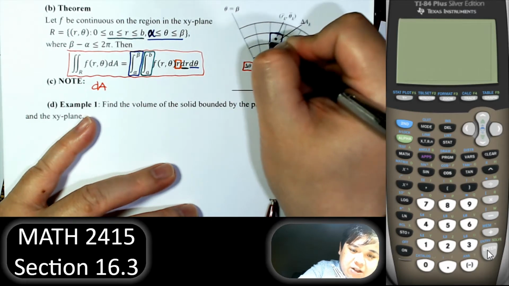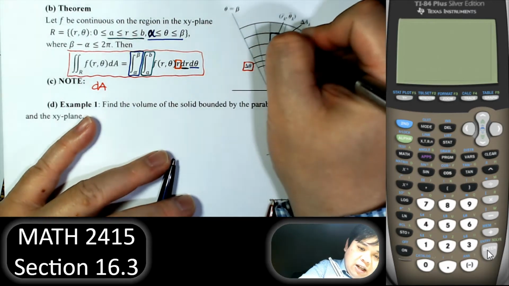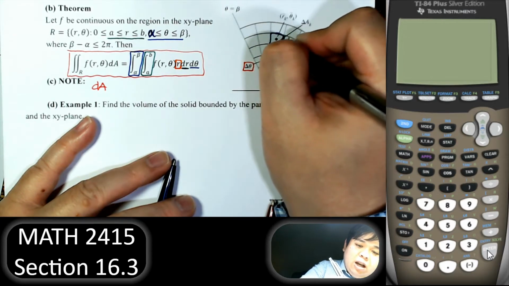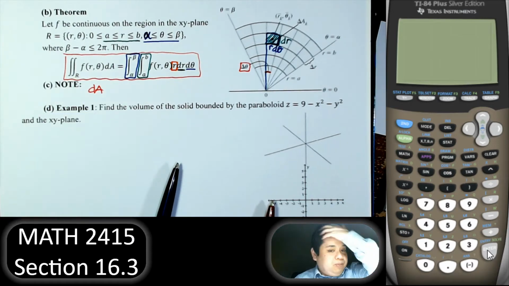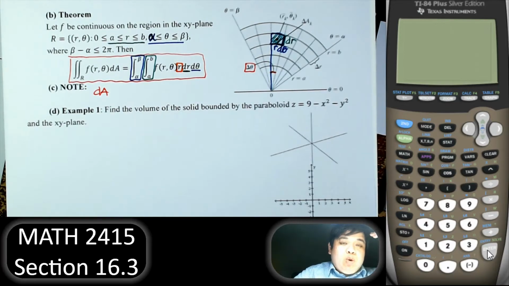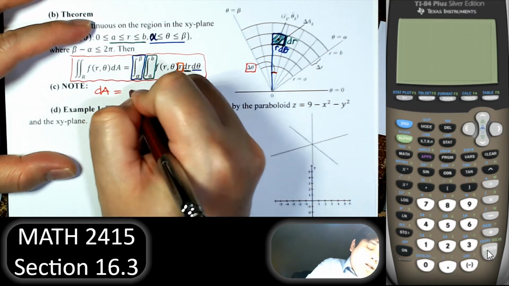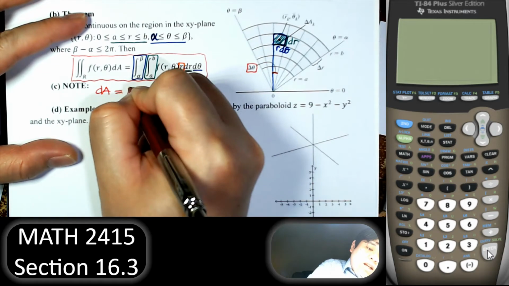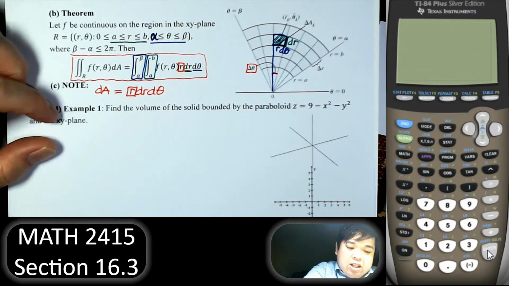Sorry, that gives us the arc length. And then this side is dr. So dr times the arc length r d theta gives us the area of that portion, which is equivalent to dA. Like I said, when we go to section 16.7, this will be explained a lot better. But for now, we say dA in polar coordinates is r dr d theta, and don't forget there is the r there.